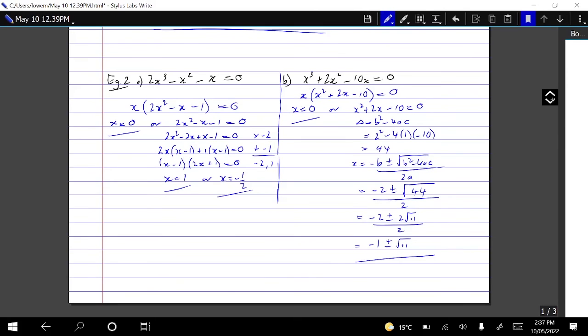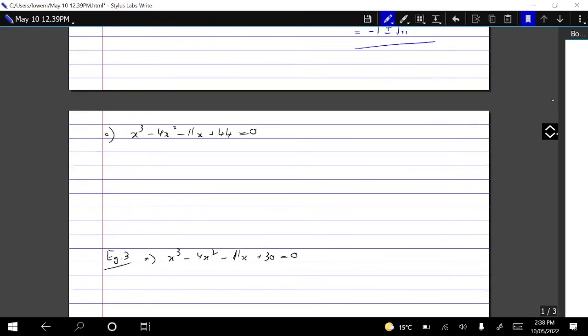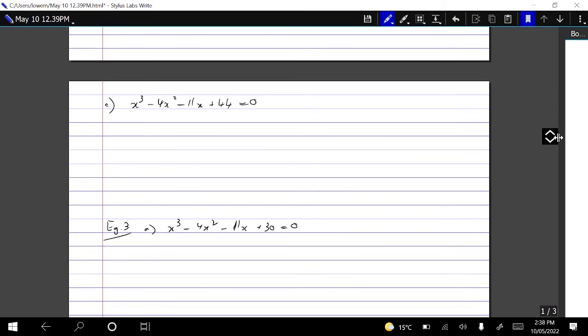Okay, so that's those two. Then C. When we have 4 terms, okay, we don't necessarily have to jump straight into thinking, well, I need to find a linear factor and then divide it. It could be that we can factorise this by grouping.